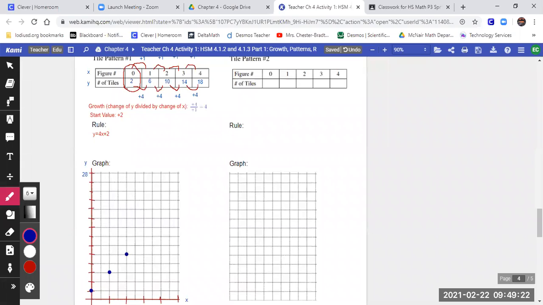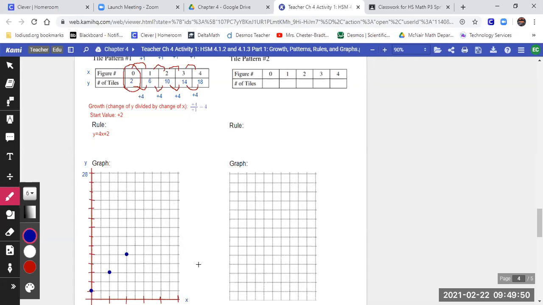Okay, what about the next one? 3 and 14. How many lines are we going to go up for 3 and 14? Remember, each of our ups is worth 2.